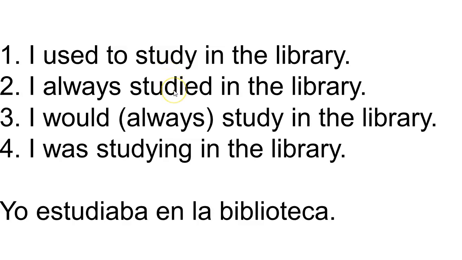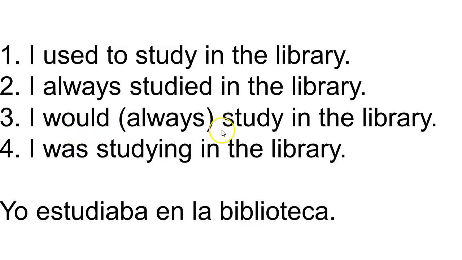I always studied in the library. Well, when I was a freshman in college, I always studied in the library. That means I used to study in the library. Another way that we word that in English is by using would. Not the would like I would do it if you gave me the money or something like that. We're using the would here to mean repetitive in the past.